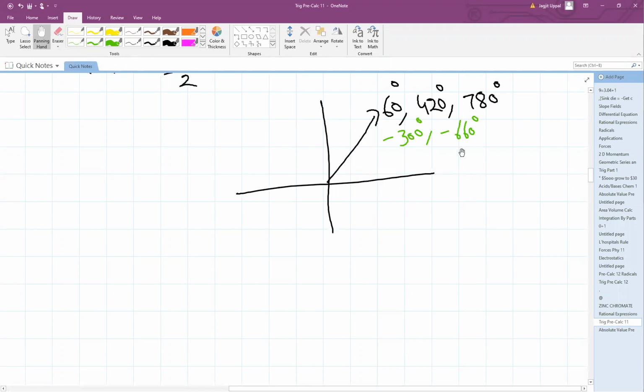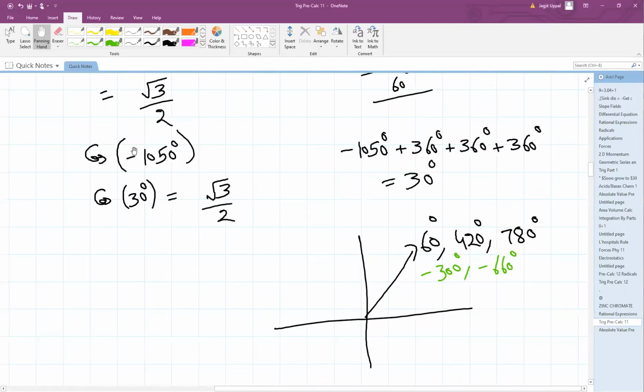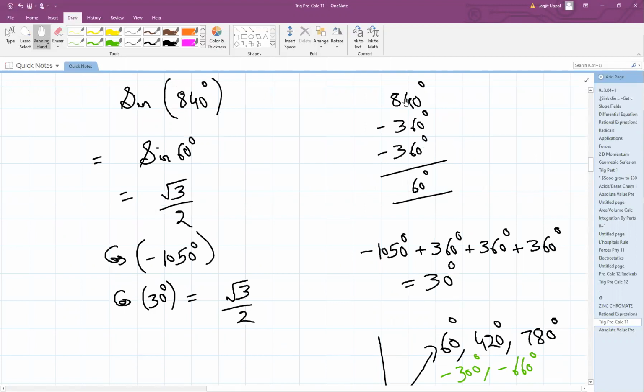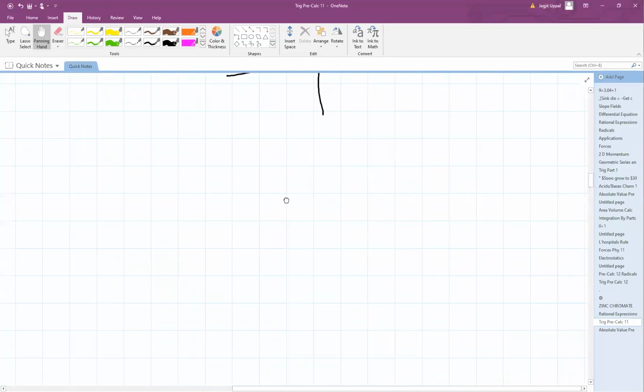They give me the same reference angle, so the value is going to be the same. Okay. So anytime you have an angle which is really large but a negative number, keep adding 360 until your angle is between 0 and 360. Really large positive number, keep subtracting 360 until it's between 0 and 360. Simple stuff.